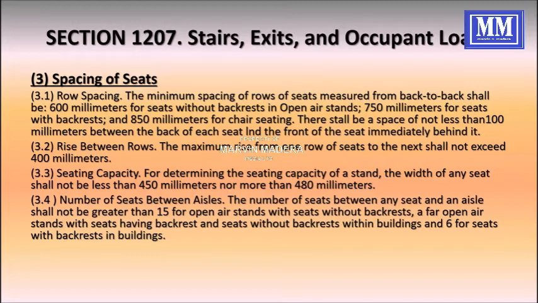The number of seats between any seat and an aisle shall not be greater than 15 for open air stand with seats without backrest, for open air stand with seats having backrest and seats without backrest within building, and 6 for seats with backrest in building.